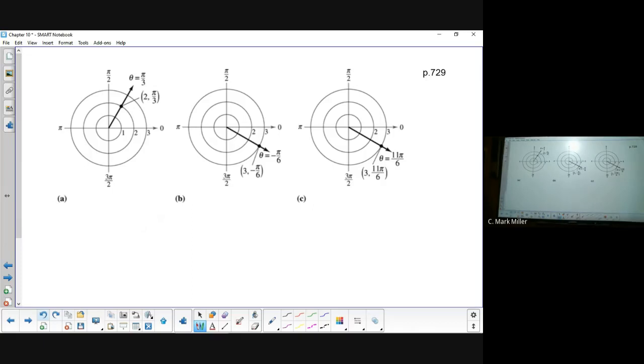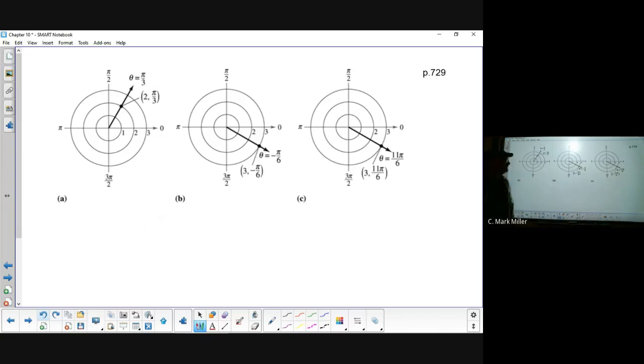A lot of times, these are just concentric circles of radius 1, 2, and 3, like a target, right? And so if we go out pi over 3 and out 2, that is r, theta equals 2, pi over 3. Right? Makes sense. I usually don't use stuff in the book, but since this is done so neatly.